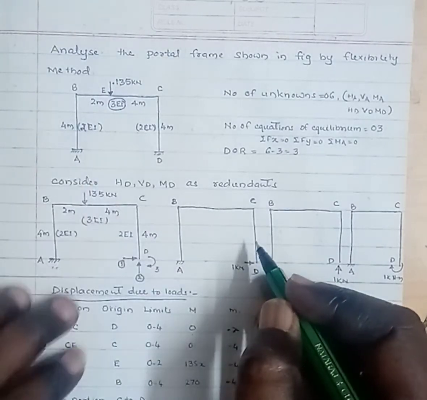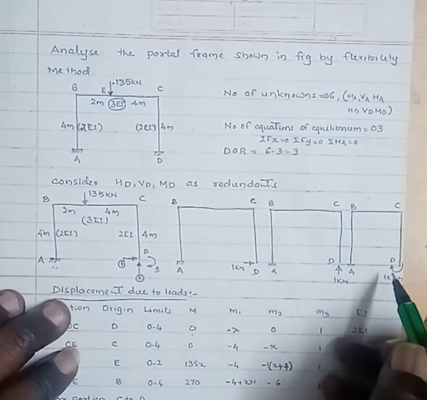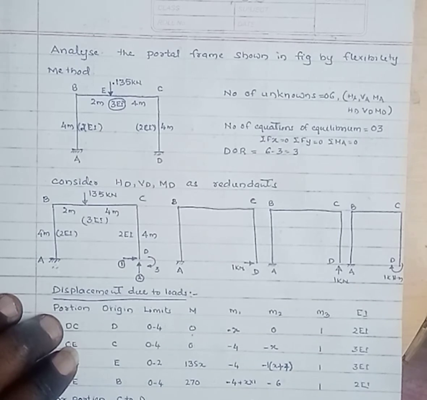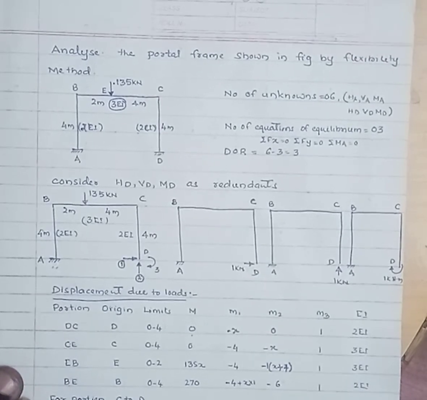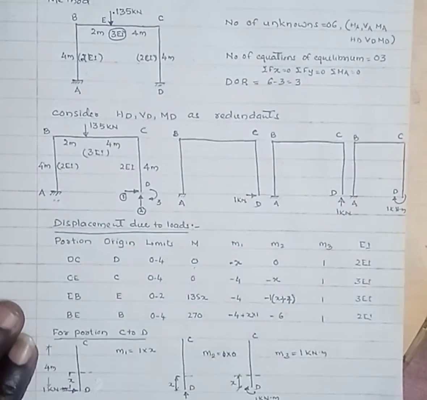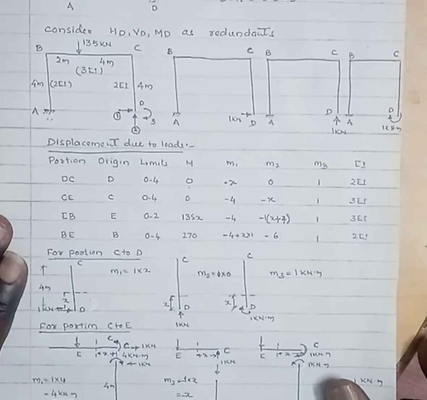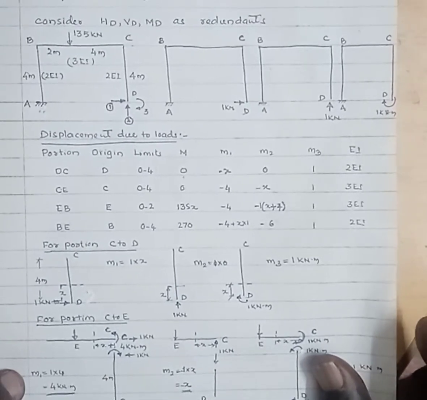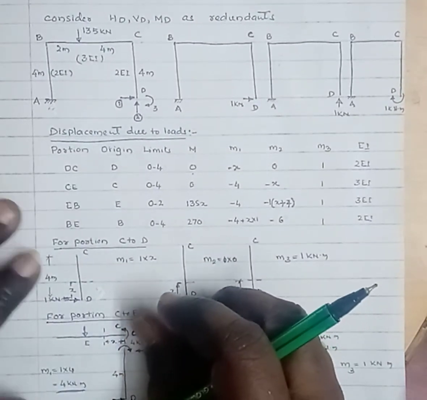Now, to find the displacements at 1, 2, 3, first we have to calculate the displacements due to the unit loads as well as the applied loads. These are the displacements due to the loads, and the flexibility elements that we can calculate.